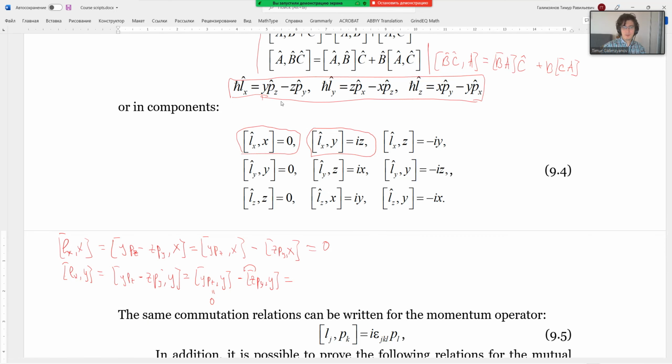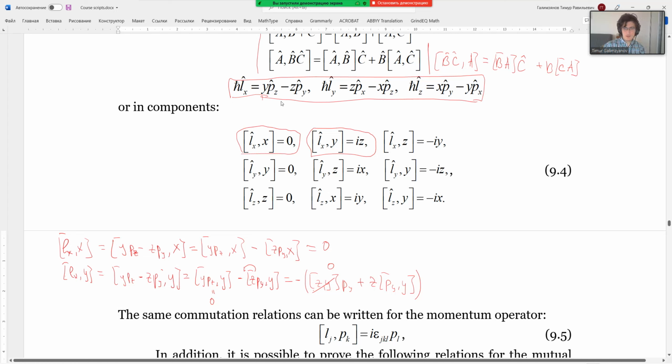That is why we can check that it equals minus BA. BA is z y, and C is py, minus or plus z py y. So you see that this commutator equals 0 because z and y are just multiplication.